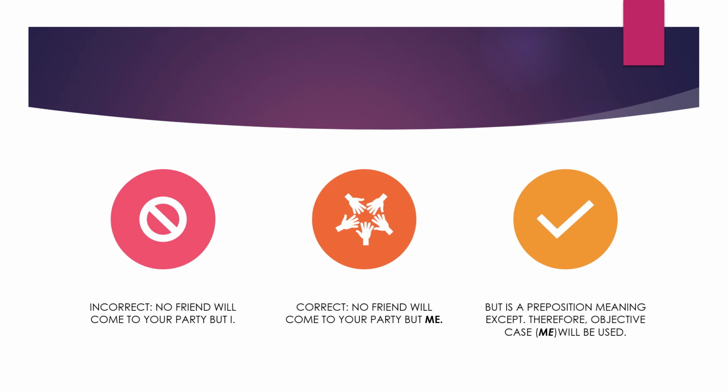So no friend will come to your party but me. But means except. Except means nobody else is going to come. So I'll be doing this change because it is but, which is a preposition and not a conjunction. Therefore, the but, which is a preposition, will always be followed by an objective case.